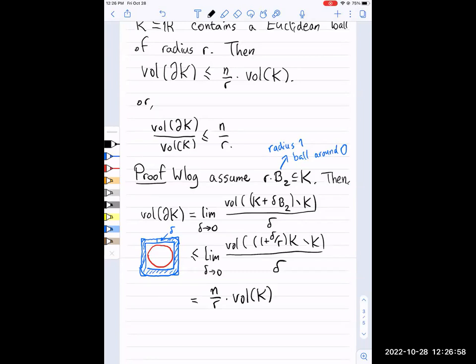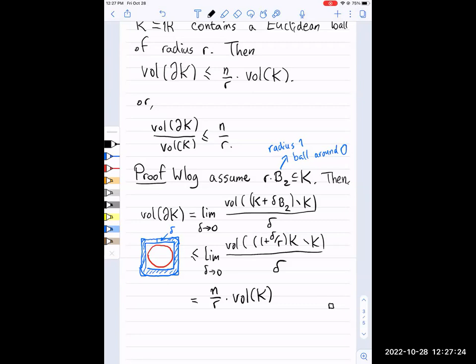Because the volume of the scaled body K is 1 plus delta over R to the power n. Okay? And I'm removing K, I have to subtract the volume of K from this. So as delta goes to 0, I'm getting n delta over R divided by delta, so I have n over R. Is that clear? Yeah. Okay. So again, this is a basic bound on the surface area.